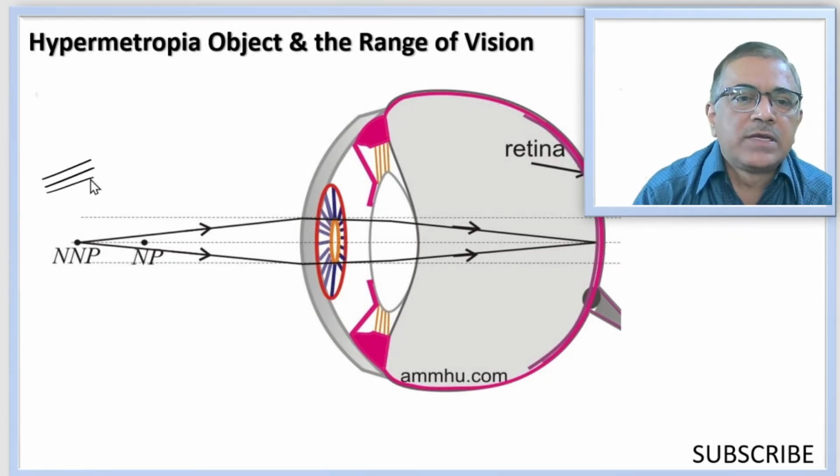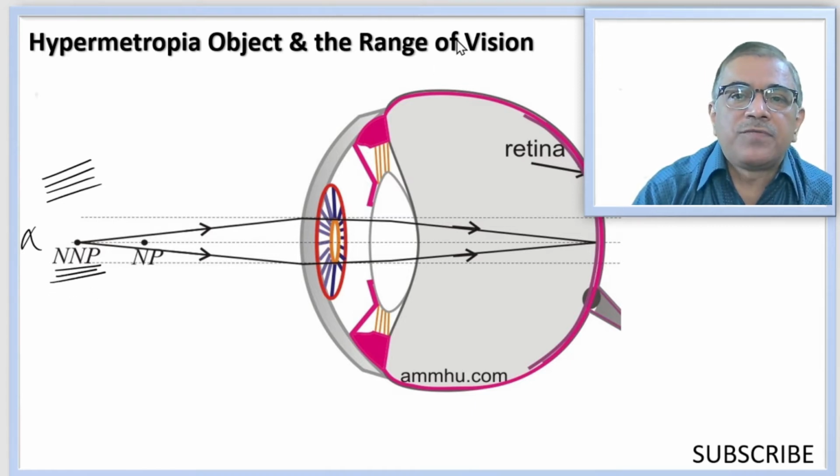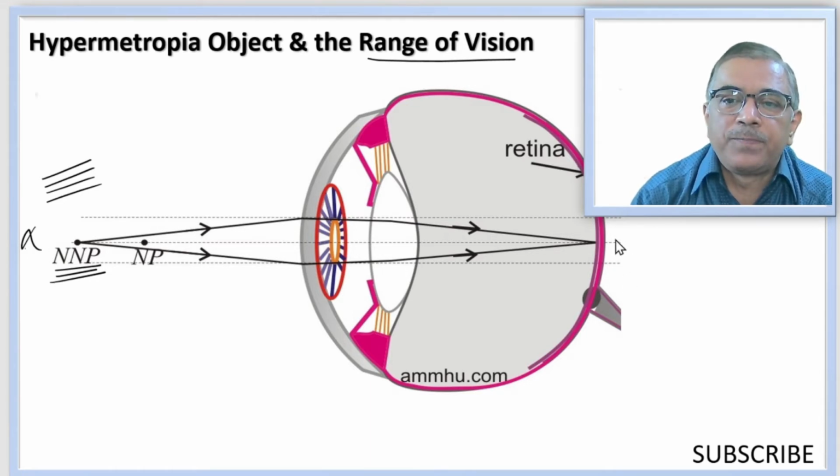Observations suggest the person is able to focus all the objects lying between infinity and near point. It means his range of vision has now reduced from infinity to near point. The eye is able to accommodate all the objects that lie between infinity and near point at the retina.